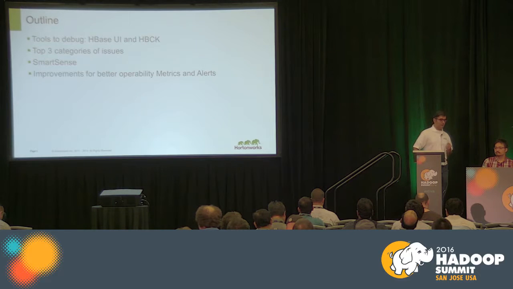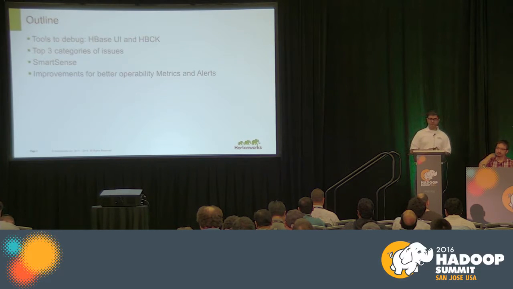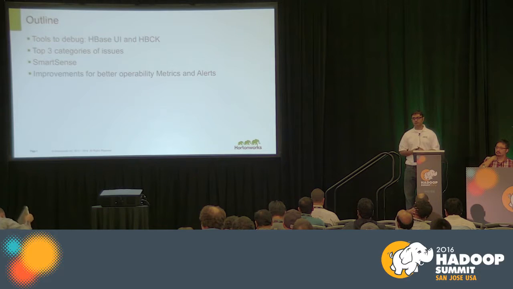I'll briefly talk about SmartSense as well, which is an add-on on the Hortonworks distribution, and how it can make your life easier with HBase. And Enos will cover the last topic: improvements, better operability metrics, and measurements that you can use to track how your HBase is doing.